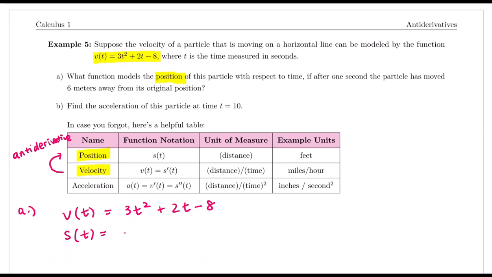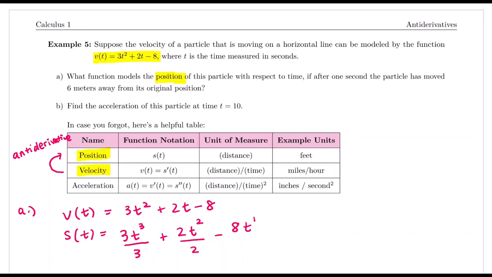I need to use the reverse power rule. I have 3t squared. I'm going to increase the power by 1, divide by that new power, plus 2t, increase the power by 1, divide by that new power, and then 8, I'm going to increase the power by 1, because you can actually kind of think of it as t to the 0 power.